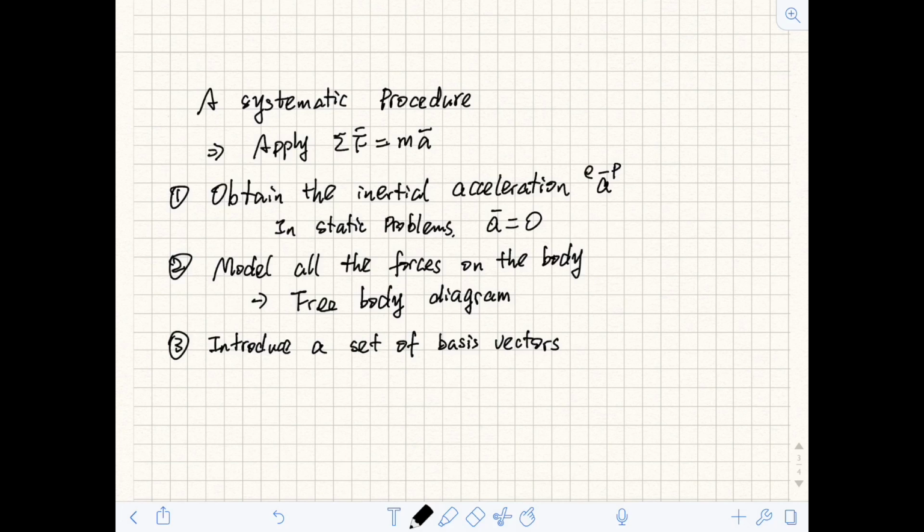In the example that we just did, we used the rotating frames. And number four, apply the sum of the forces equal to mass times the acceleration to get scalar equations. And the rest is just solving the scalar equations if you need to.